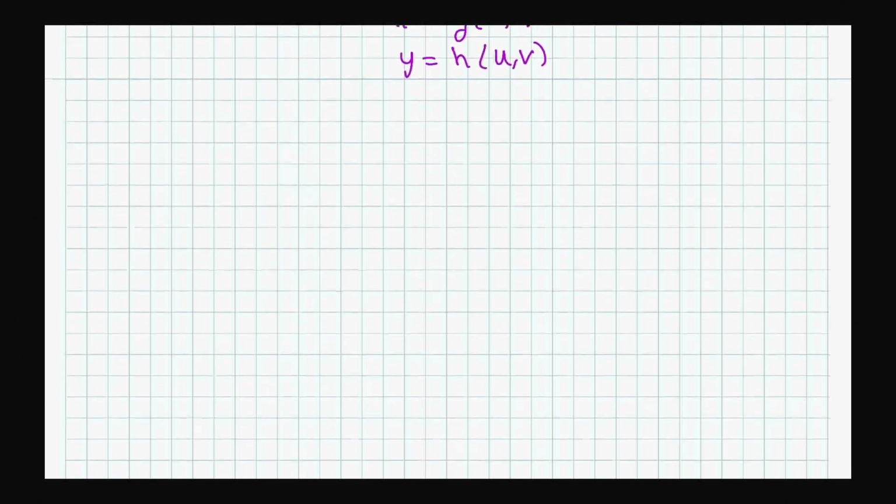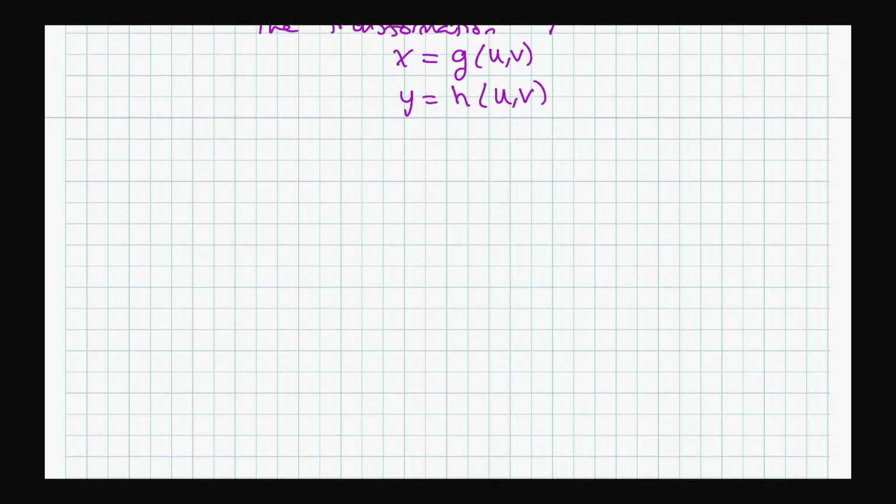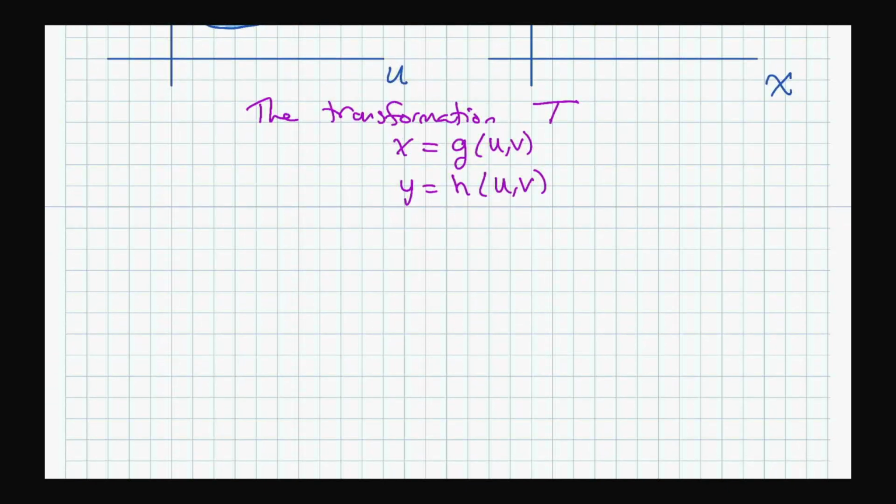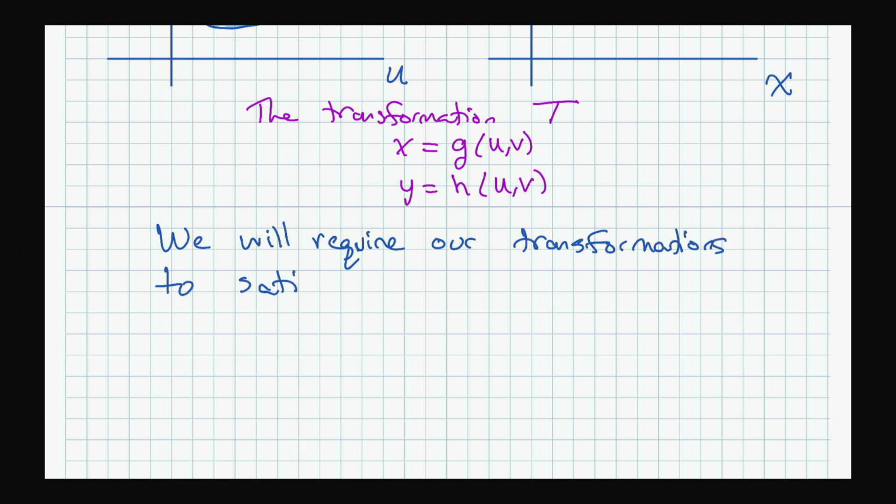Now, what we're going to want is our transformations to all have certain properties. We will require our transformation T to satisfy certain properties, and you'll see why as soon as we actually get into doing the math.